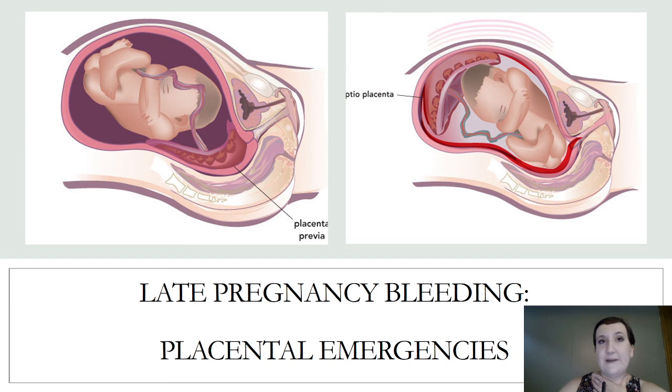When that happens, you don't have the vaginal bleeding because you just have this space filling with blood. Whereas with an apparent placental abruption, you have bright red vaginal bleeding. If you have a concealed placental abruption, you may or may not have abdominal tenderness.